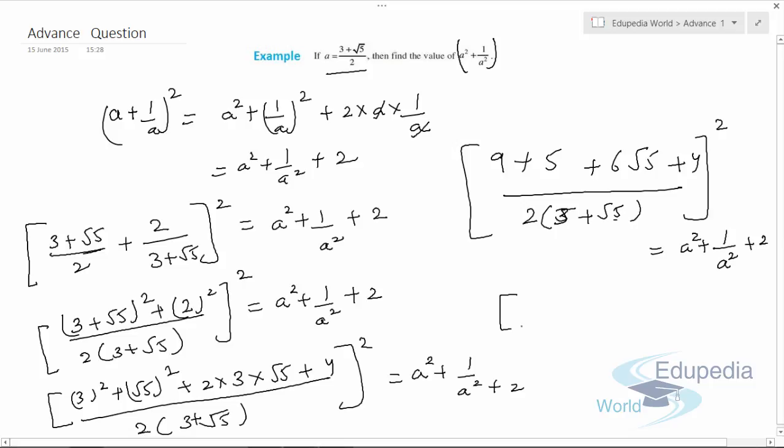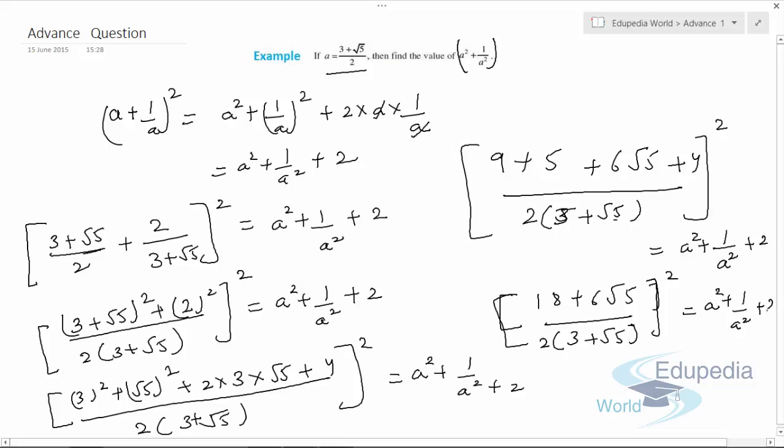So this comes out to be 9 plus 5 is 14, 14 plus 4 is 18, plus 6 under root 5 upon 2 into (3 plus under root 5) whole square, which is equal to a square plus 1 by a square plus 2.